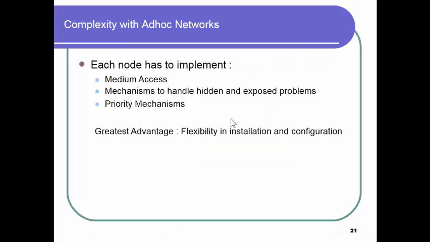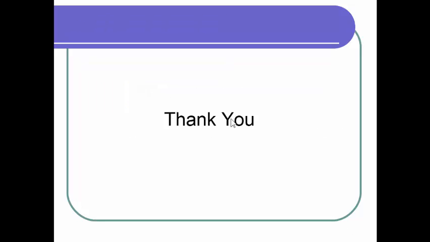The greatest advantage is the flexibility in installation and configuration. Once the device is configured for the ad hoc network, next time the device will communicate with the other device directly. So the identification of the device, SSID, password and authentication settings are required before the data communication or data sharing.